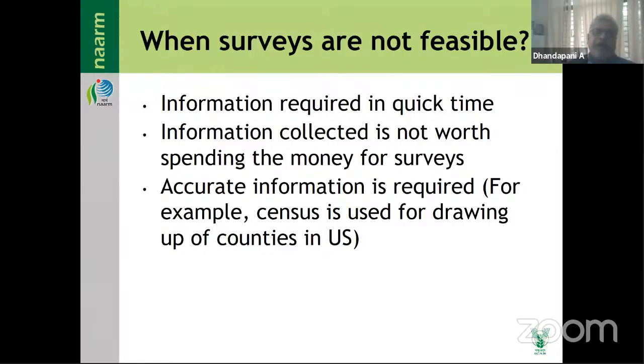We need some kind of a base figure, because this will be used everywhere. For example, the census is used for drawing up the counties in the US, because every county should have an equal representation in governance.